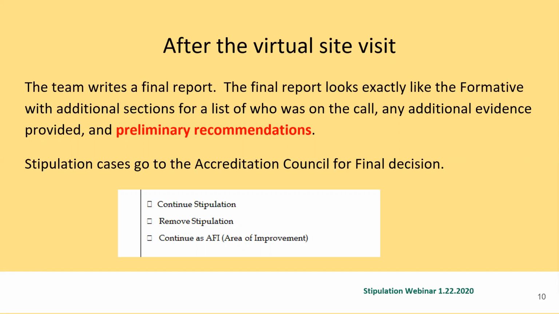So there are only two basic reports that are going to come from the stipulation visit. One is the formative that you're going to get before the phone call. And the second is the final report, which just includes any edits and the folks that were on the actual call. Those are the two reports, and those will be loaded into Ames. They are not loaded as a template.